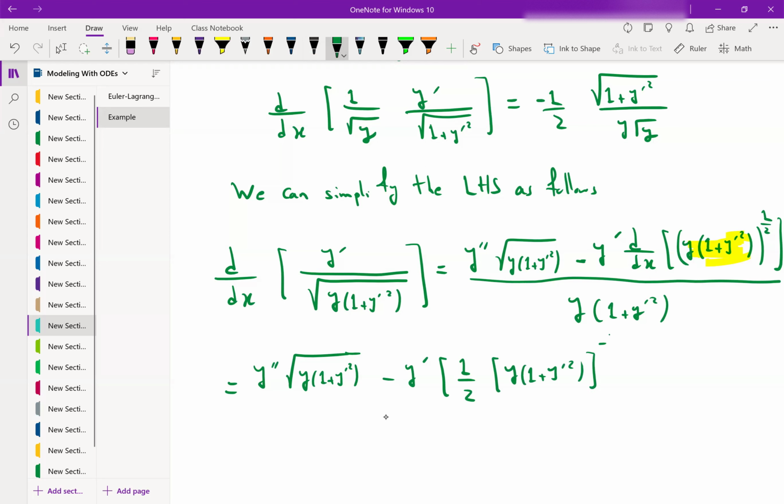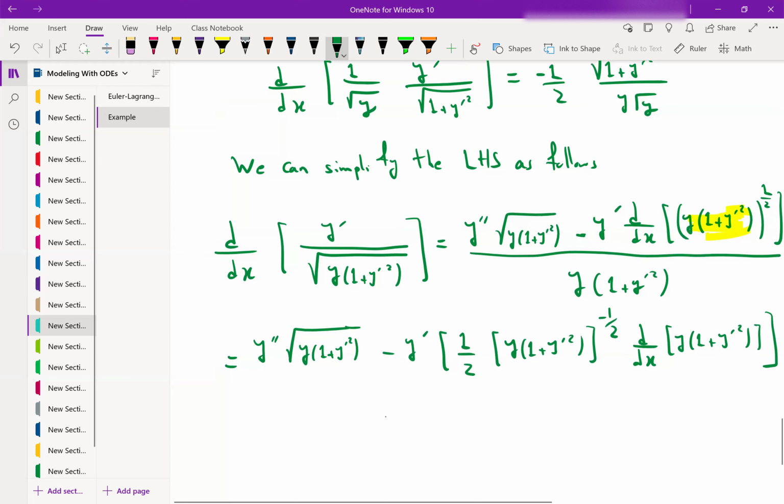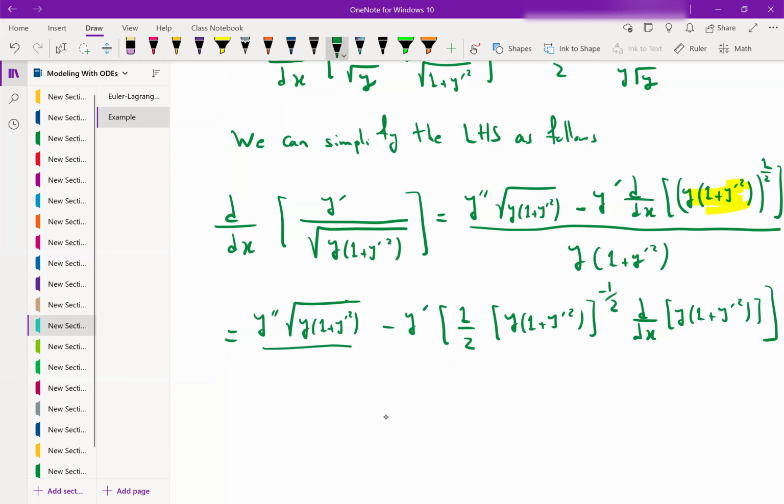So this is like the derivative of the outer function. And now I have to take the derivative of the inner function. y times 1 plus y prime squared, divided by y times 1 plus y prime squared.